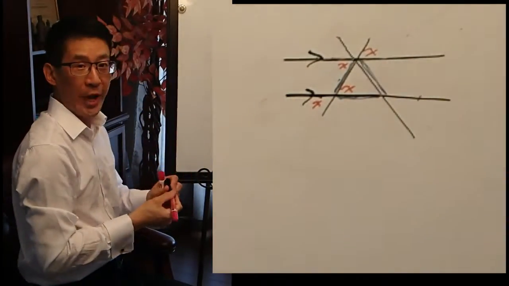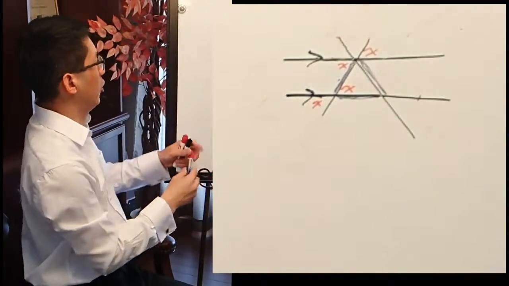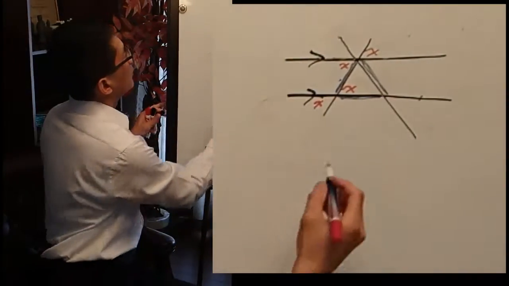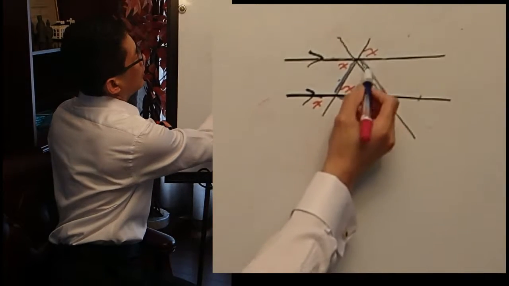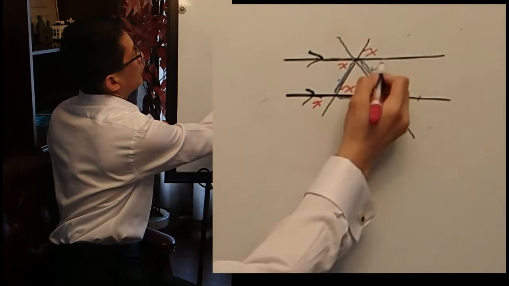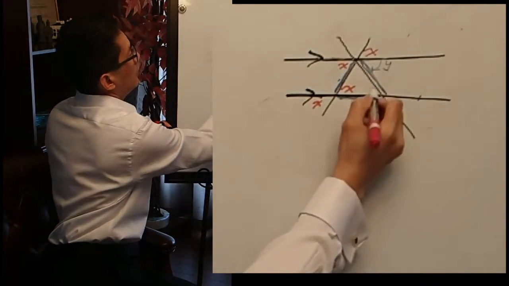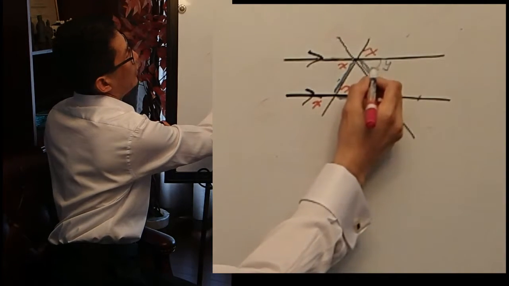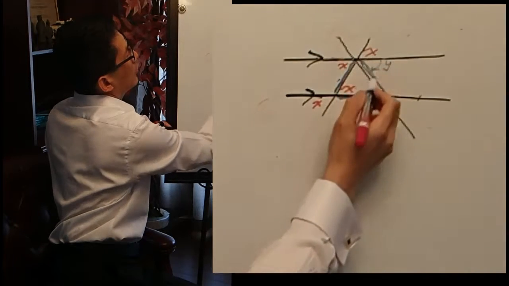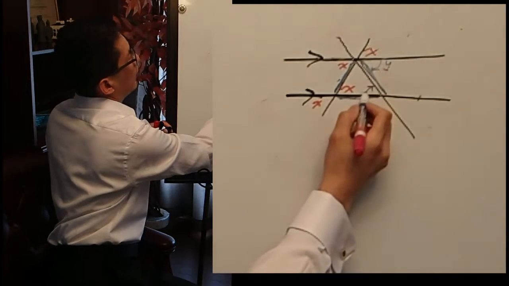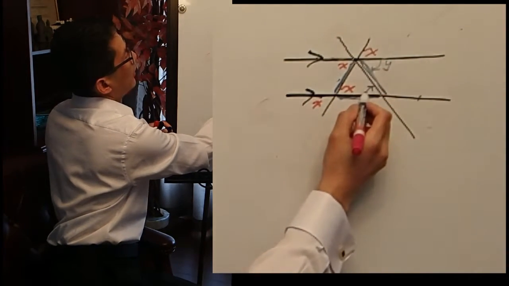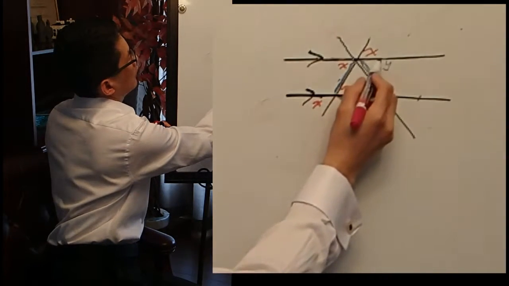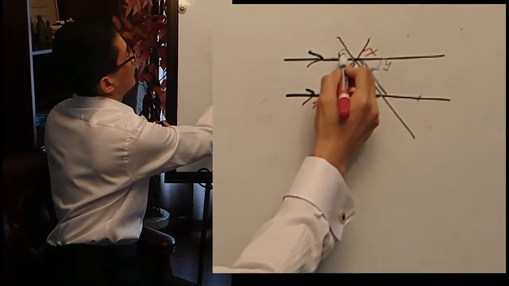Following our opposite angle theory, we now know, of course, that this angle here, which I'll call y, is the same as this angle here, because this angle and this angle are effectively opposite angles. Because this angle here is the same as this angle here.